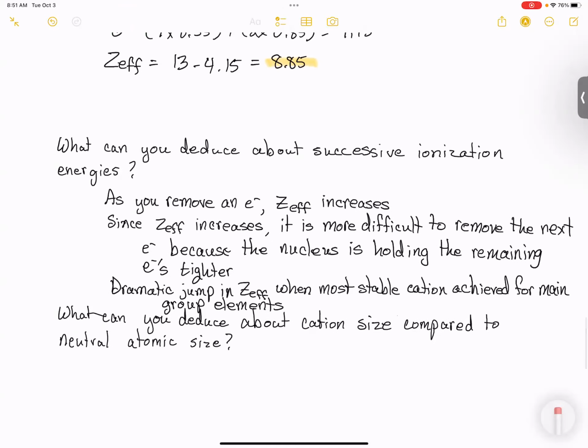Now, what else can we deduce about the size of the cation compared to its neutral atomic size, using Z effective? Z effective describes how strongly the electrons are pulled towards the nucleus.